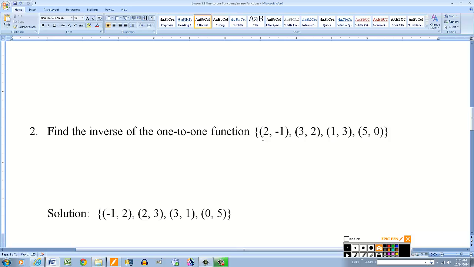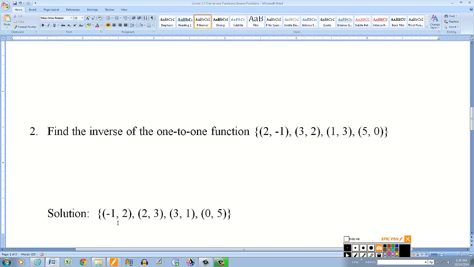The range is given by the y values. So if I ask you, what is the domain of this function, you would write out a set and list 2, 3, 1, 5. If I said what is the range, again you write a set and you list -1, 2, 3, 0.